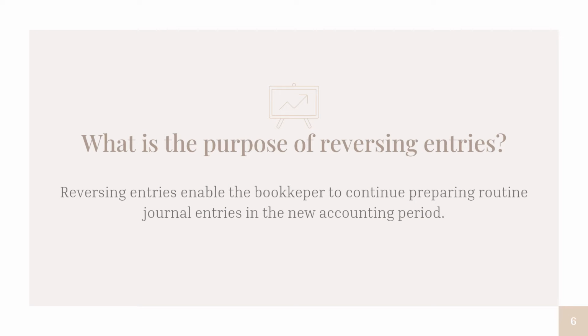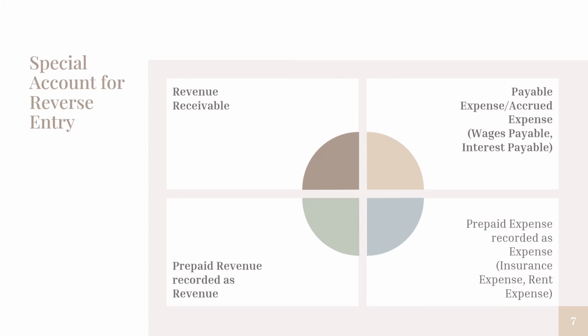What is the purpose of reversing entries? Reversing entries enable the bookkeeper to continue preparing routine journal entries in the new accounting period. So these are the special accounts for reverse entry. Not every single account in the adjustment journal has to be reversed.